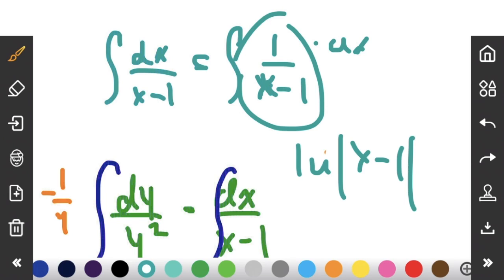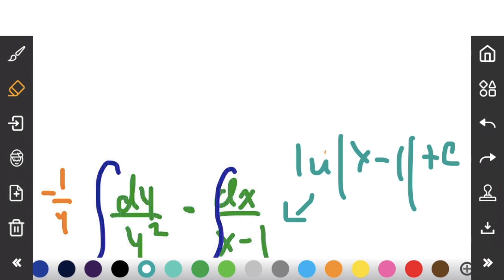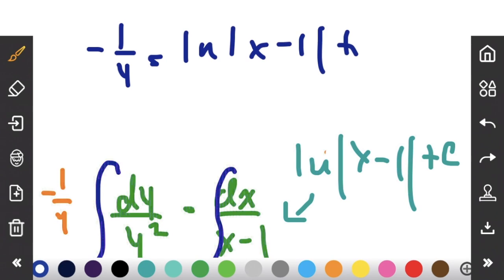And because you're taking the integral, you have to add a constant plus c. So now you have -1 over y equaling the natural log of x minus 1 plus constant c. Okay. Now we'll rewrite this: -1 over y equals ln of x minus 1 plus c.